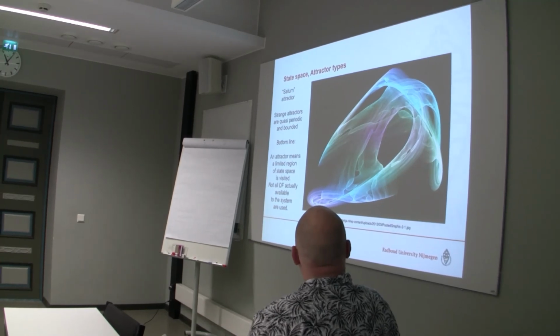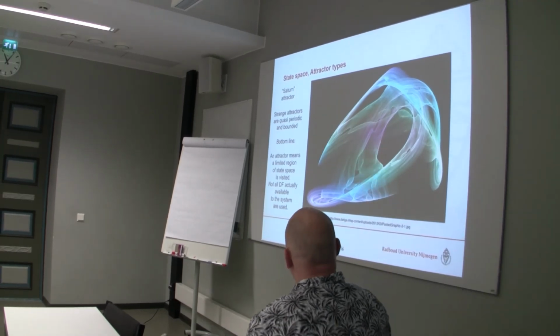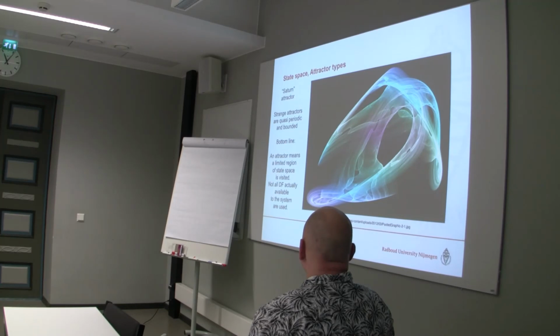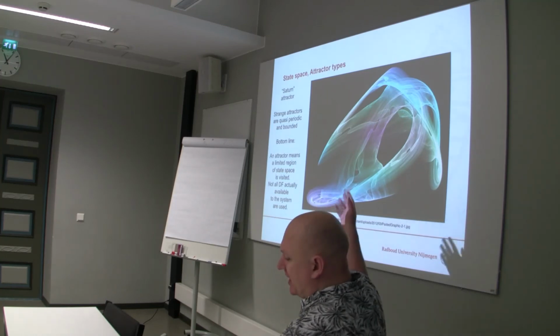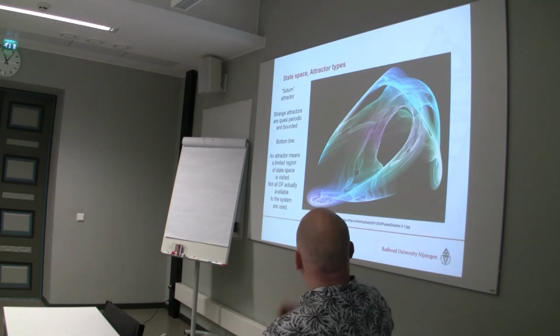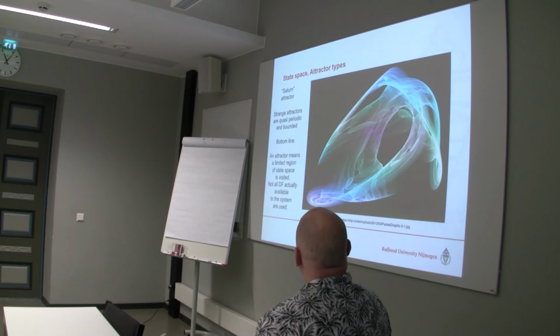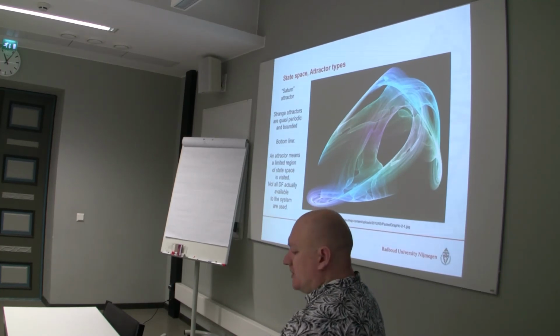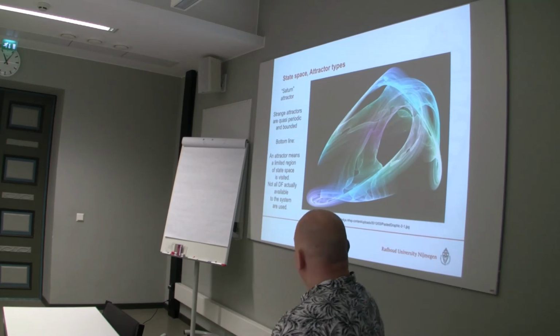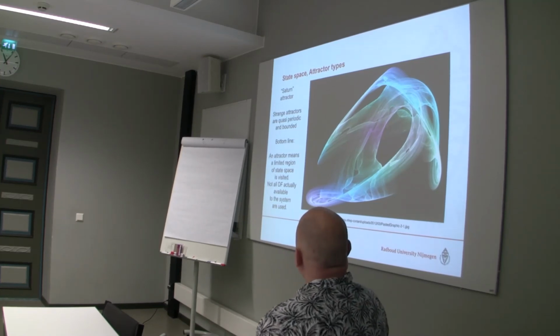This is from a much more complex system, but this represents the different types of values that this system can have when it is in this kind of chaotic state.